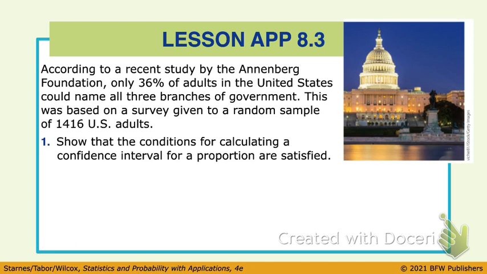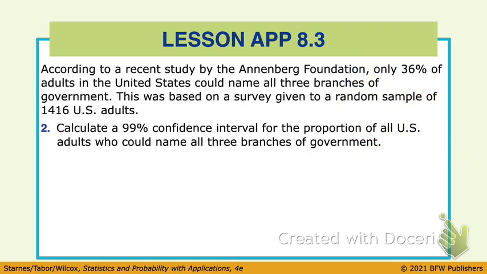Number 2 is asking us to calculate the actual confidence interval for this data. So in your notes here, you'll see that it actually tells you some steps. So step 1 says to find the point estimate, okay? So your point estimate is your actual estimate from the sample, and that's going to be our p-hat value.